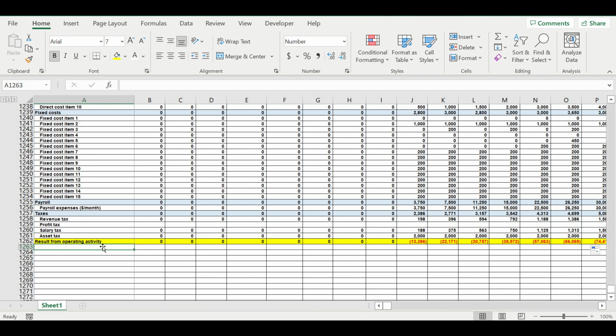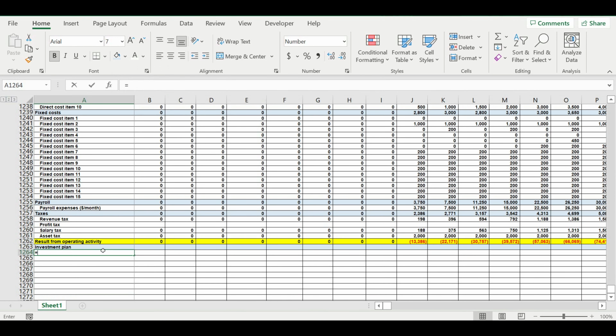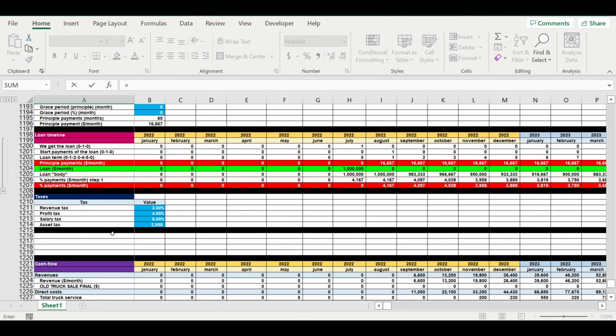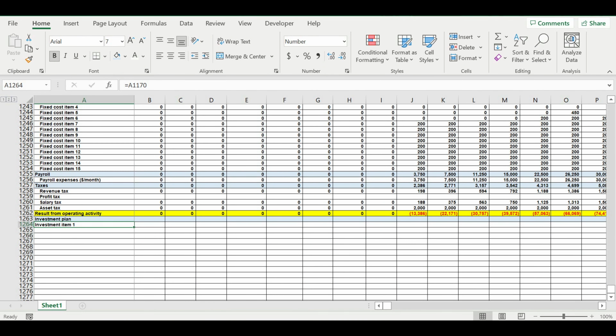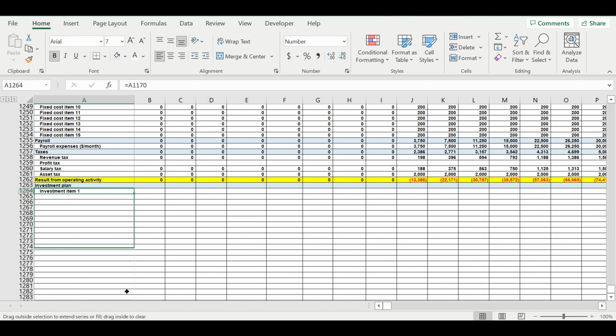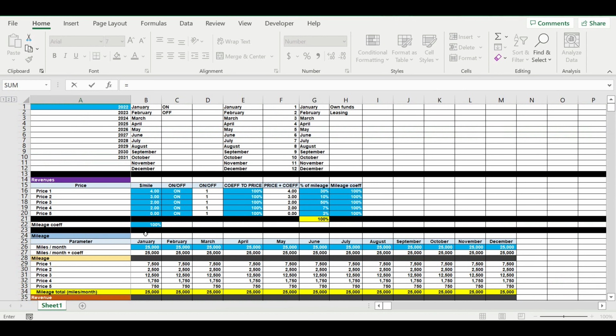Now we describe the investment plan. Our investment plan consists of 2 blocks. The first block is the initial investment plan, except the purchase of the truck. Then we add the purchase of the truck.